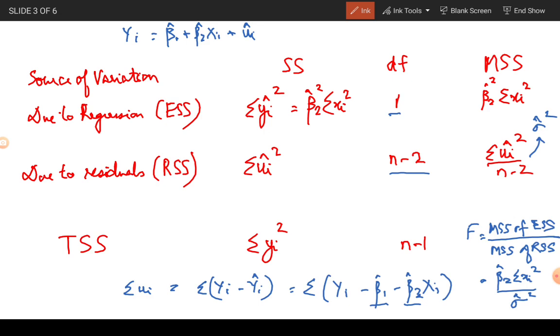Again, the reasoning uses a few theorems based on statistics. We needn't go into so much detail. Just remember that when you take the ratio of the mean sum of squares, it will follow an F distribution, with numerator degrees of freedom 1 and denominator degrees of freedom n minus 2 in the case of a two variable regression model.